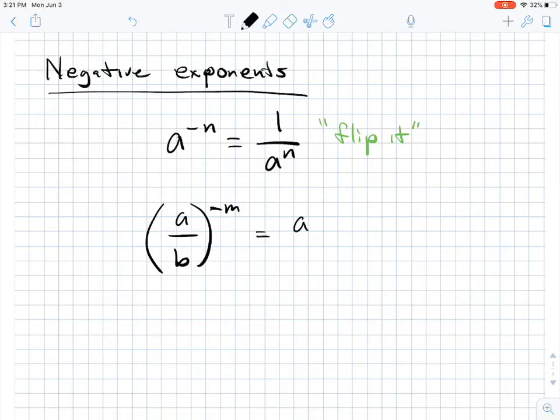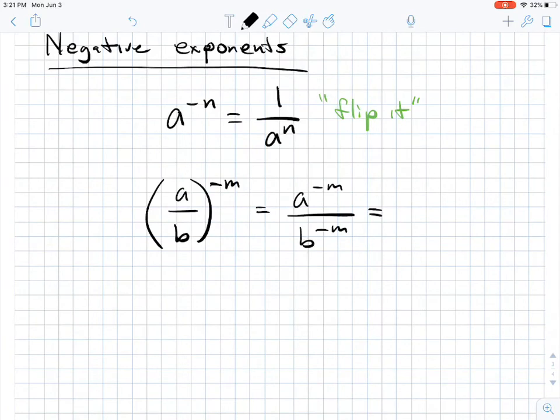You could do it applied to both. And then you just simply do the reciprocal, or we just flip them. We're going to take this number, put it up here, and then we're going to take this a and bring it down here. So all you're going to do is write it as b to the power of m over a to the power of m.